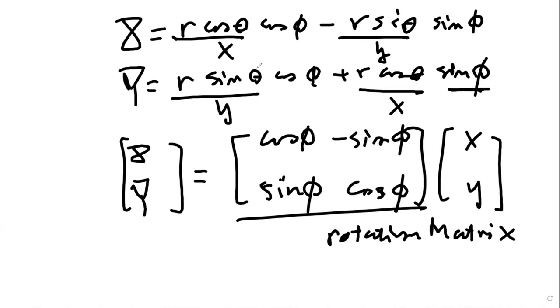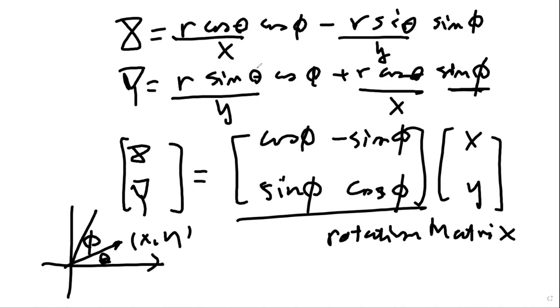And this rotational matrix tells you that from this point, at angle theta with coordinates xy, rotating by an angle of phi, you go to a new location called big XY.